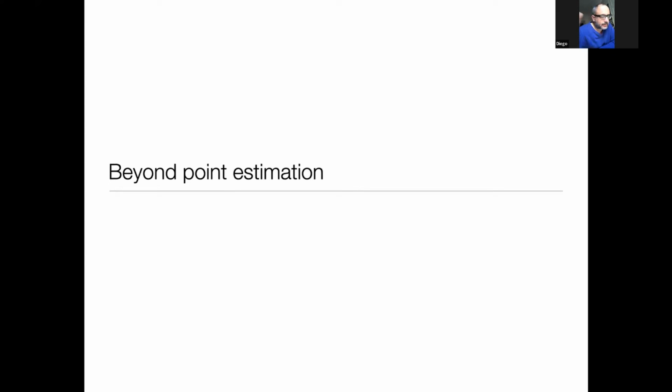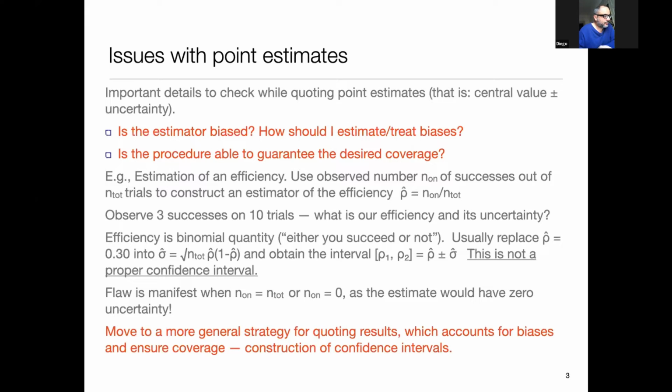So let me see. Okay, today we are going to discuss three things: how we go beyond point estimates, systematic uncertainties, and then p-values, significances, and all of that. So far, when talking about inference, we've been talking about so-called point estimates, which is a technical word to just say that we quote a center value with uncertainties.